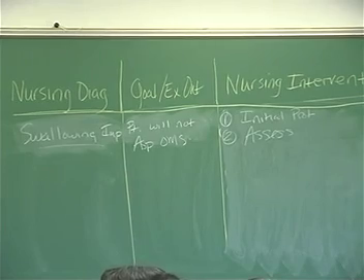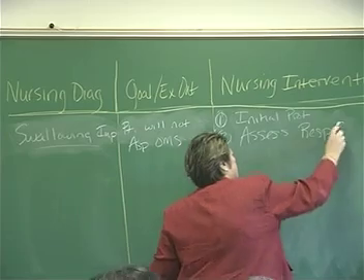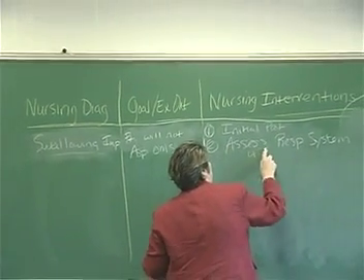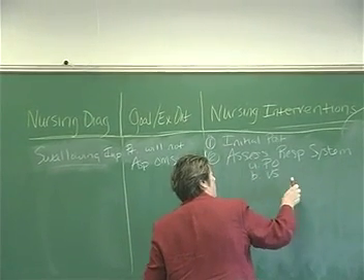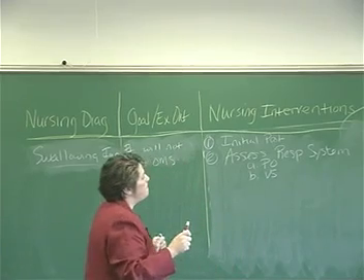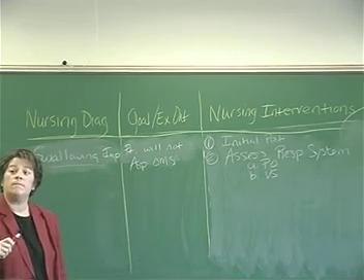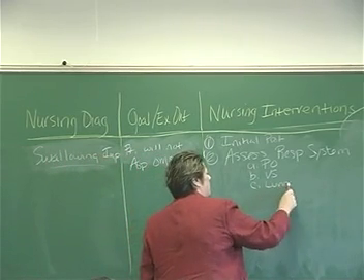Pulse oxes. Okay, so we're going to assess our respiratory system, and we have to be kind of specific. So we're going to say A, we're going to do pulse ox. B, we're going to do vital signs. You're right. Lung sounds. Yes, absolutely.